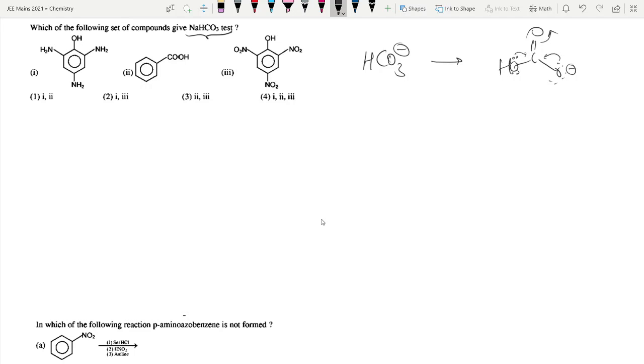So it's almost minus charge on, let's say, 1.75 oxygen atoms. That's how I would like to say it, because there is a destabilizing resonance here also.